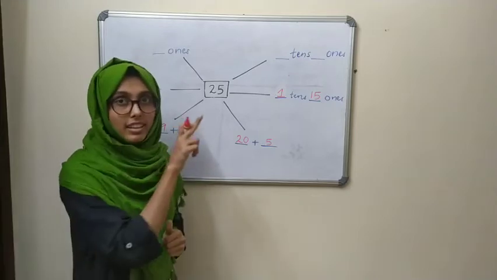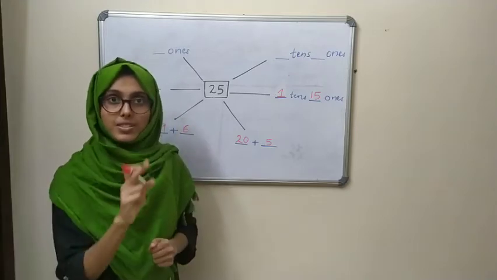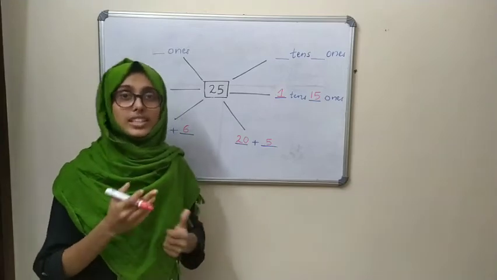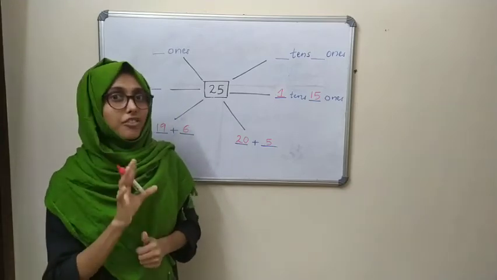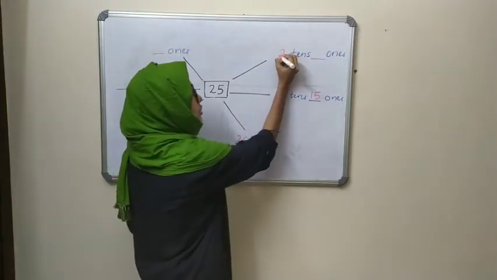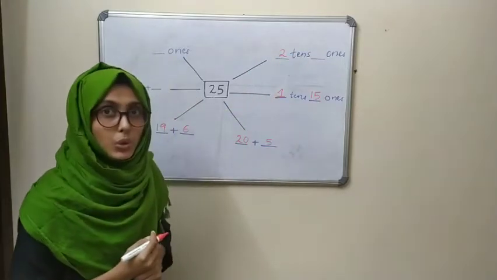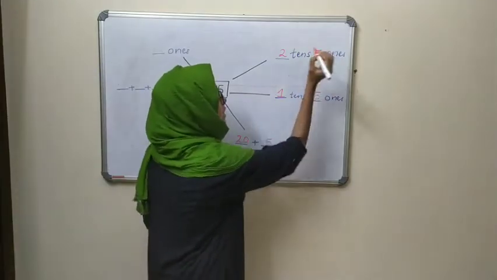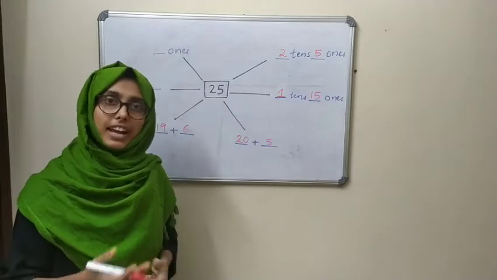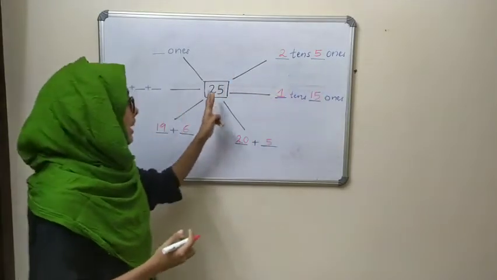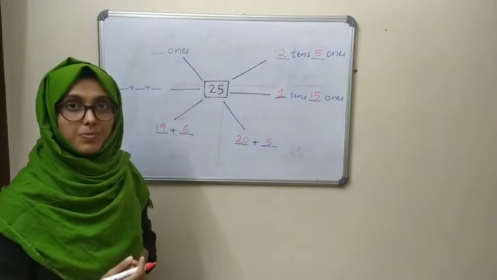So you have 2 10 rupee notes, isn't it? 2 10 rupee notes means 20 and 5 1 rupee coins. So you can write here 2 tens, 20 and 5 ones, again 25, isn't it?